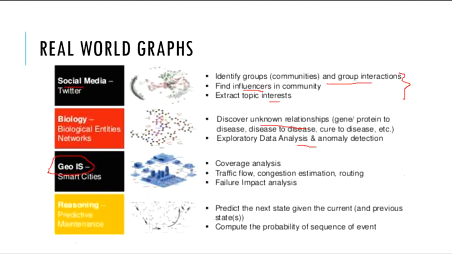Geographical systems also use these graphs a lot. Such as smart cities. These would tell you about the coverage analysis: which areas are more congested, which are less congested. In the more congested areas, you can have other analysis, such as the pollution rate, employment rate, education rate, and they can help us see the traffic flow, congestion estimation, routing information.